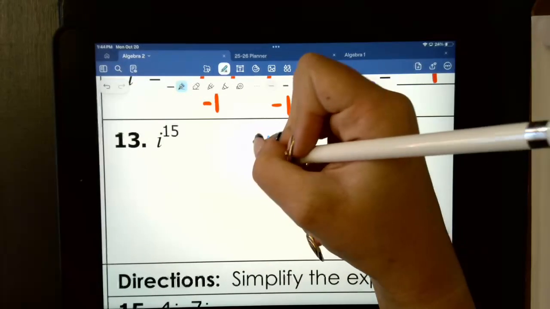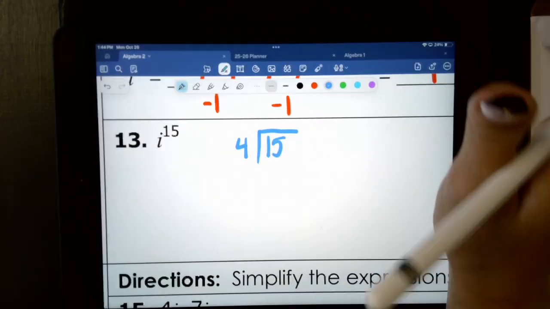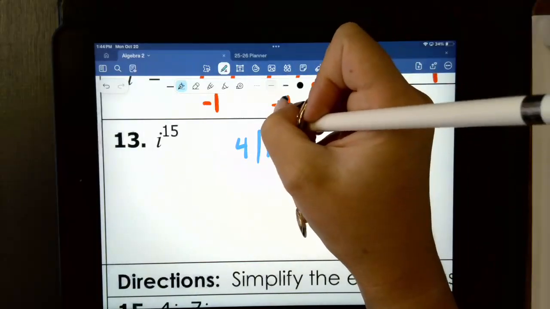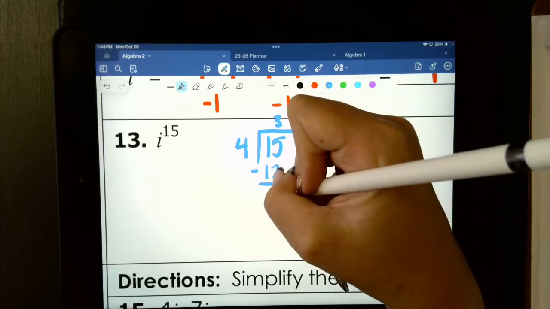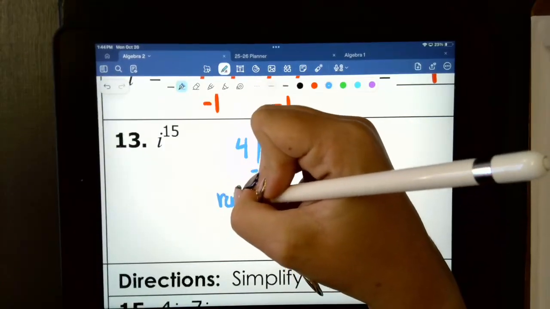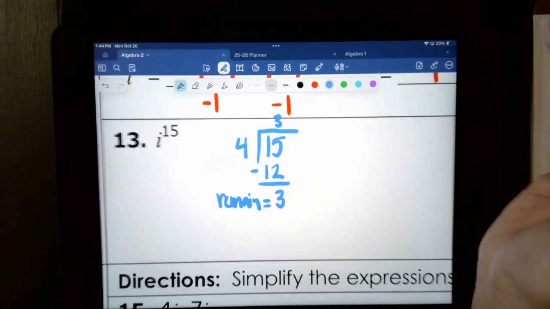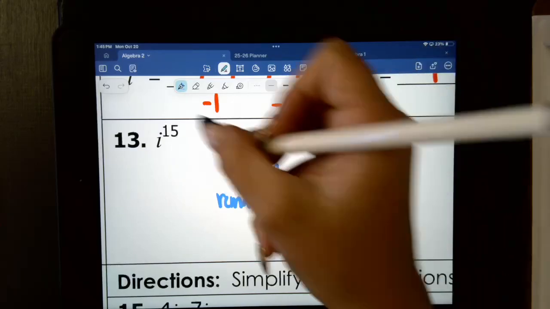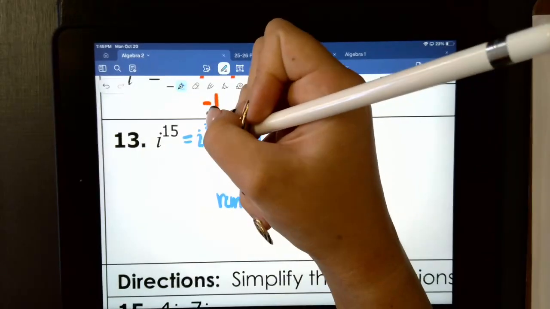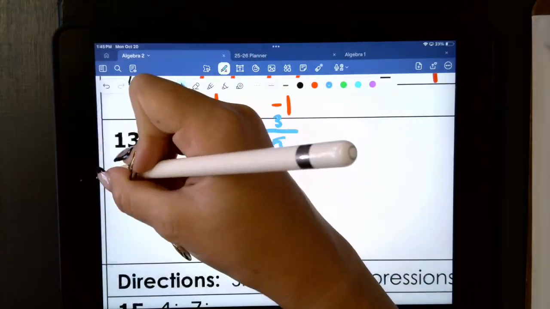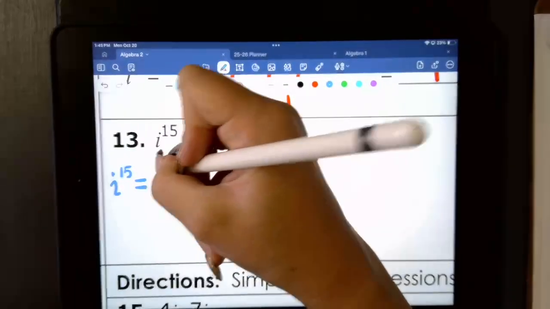If we have 15, how many times does 4 go into 15? 3 times, right? 12. The remainder is 3. So what is I to the third? Negative I. So I to the 15th is going to be equal to negative I.